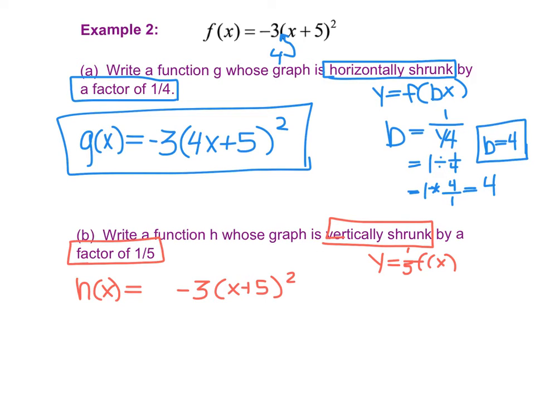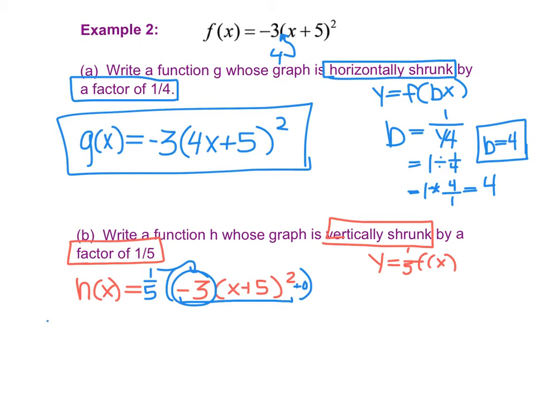And what we're going to do here is, because this is a vertical shrink, we're going to multiply every chunk by 1/5. Now if you look carefully, you'll notice that this whole chunk is grouped together and there's no k value. If there was a k value in there, you would actually distribute that 1/5. But because all of these items are grouped together, we're just going to multiply this -3 by 1/5.